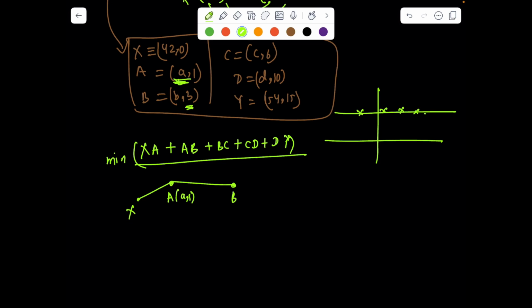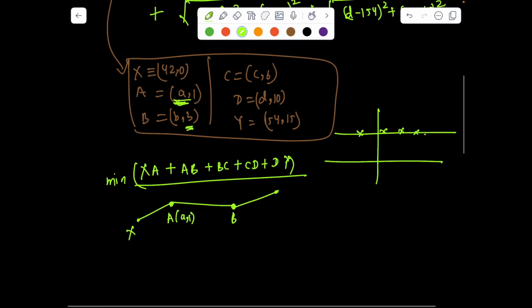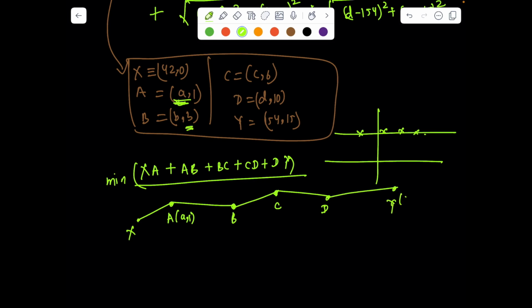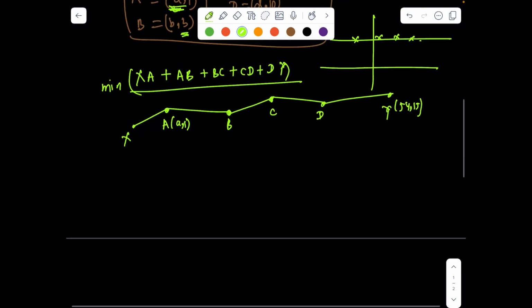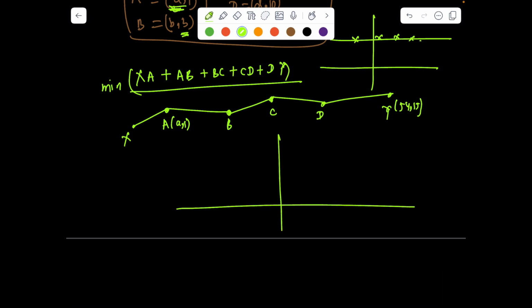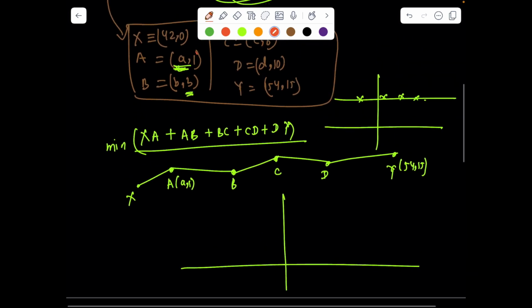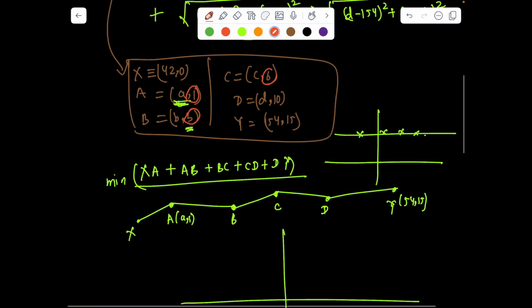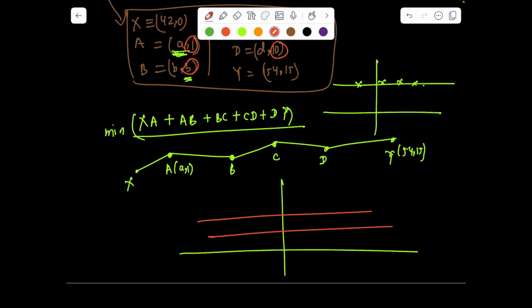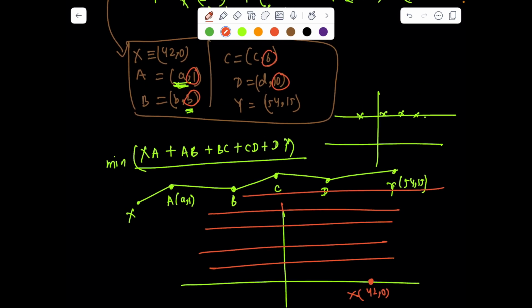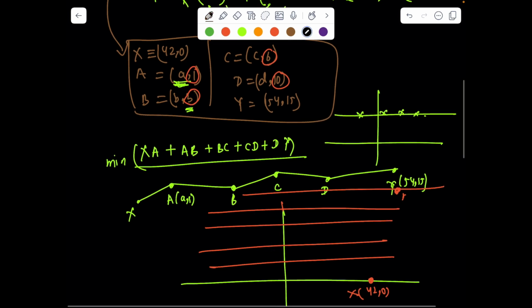Similarly, we have point C, we have point D, and then we have the fixed point Y, which is 54, 15. So roughly, if we show this diagram, we have the x-axis, y-axis, and we have different lines, right? So y equals 1, y equals 3, 6, 10. Given a fixed point 42, 0 is over here, and 54, 15 will be somewhere here. And all the remaining points are dancing somewhere on these lines.